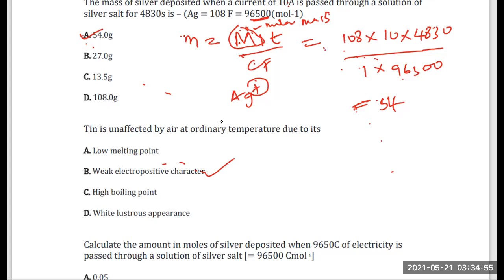So the moisture in air, that is water vapor in air, will not affect it at ordinary temperature because of its low reactivity. You know that hydrogen is way higher than tin. We still have copper, silver, like that. So because it cannot displace hydrogen, it will not be affected by air at all.